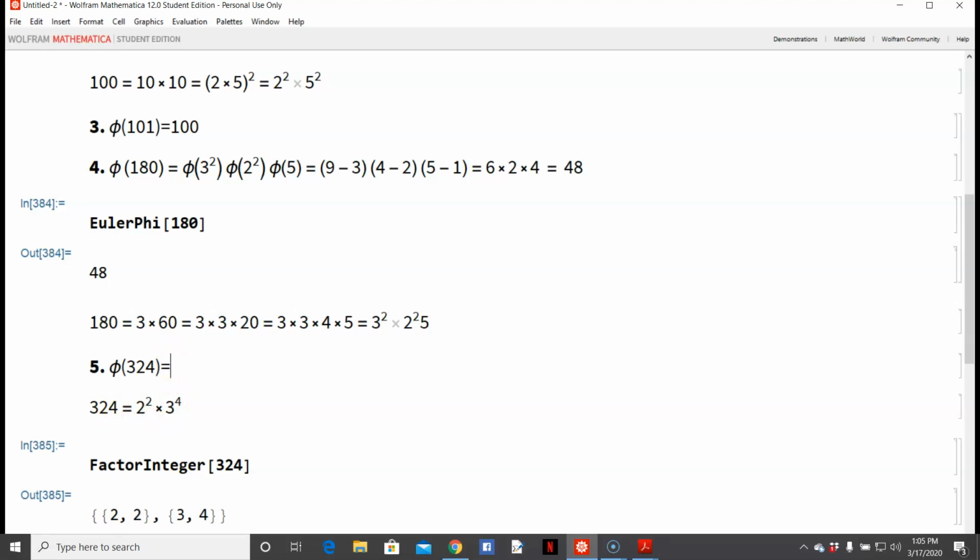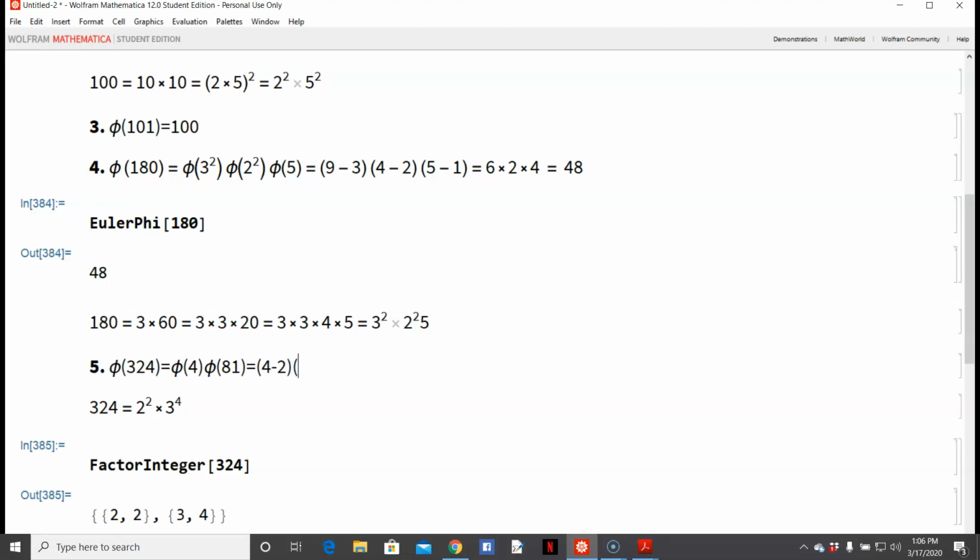So my Euler phi of 324 is the Euler phi of 2 squared times the Euler phi of 3 to the 4th. The Euler phi of 2 squared is going to be 2 squared minus 2 to the 1st, so 4 minus 2.